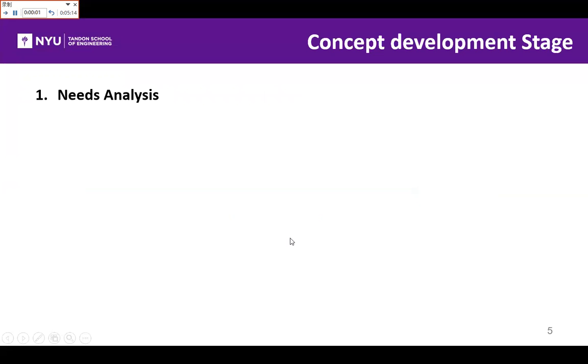Now, let's start to analyze the 5G system using methods we learned in class. First, the very first stage of concept development is needs analysis. For the development of the 5G system, there are three main requirements, which are also three things we need to improve from the previous system, the 4G system.